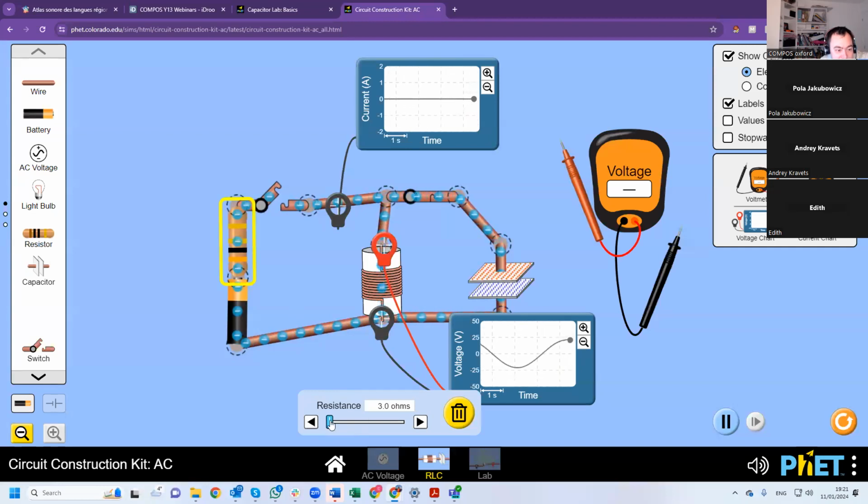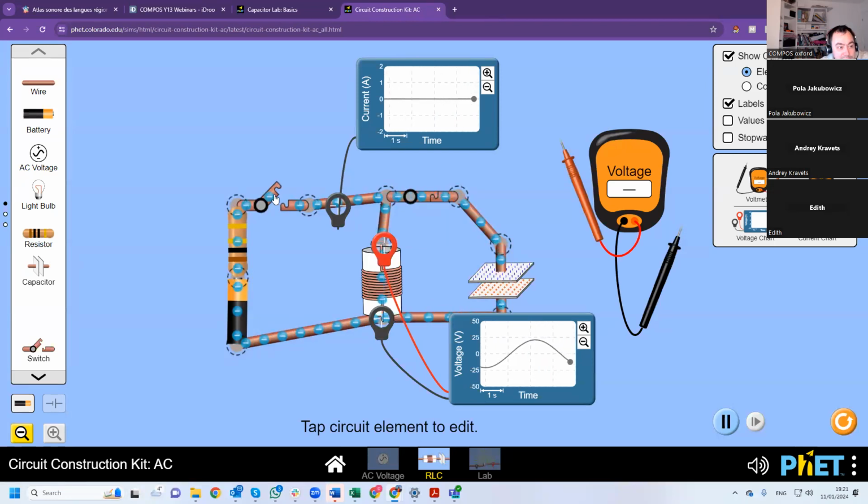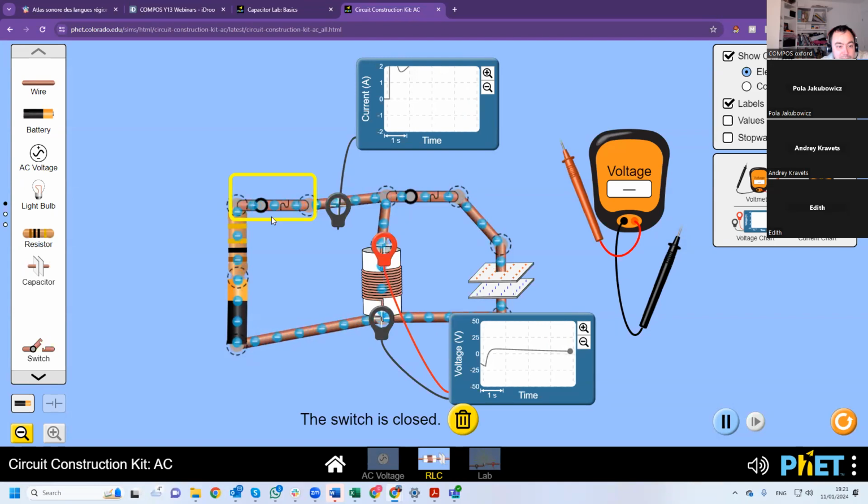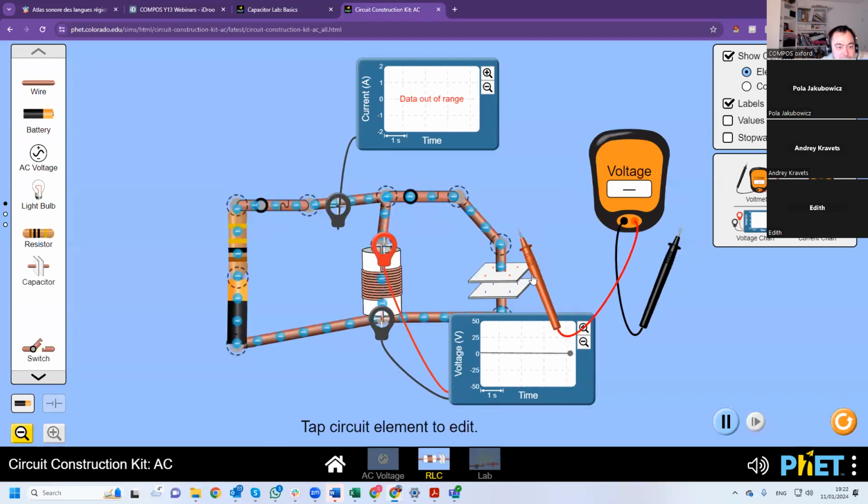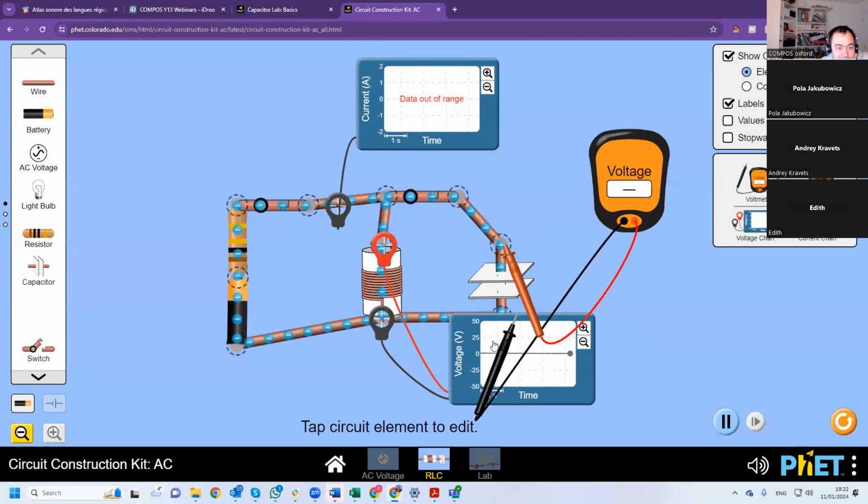Let's say if I use a lower resistance, my prediction, if I use a resistance of 1 ohm, I'll be able to get an even higher voltage. Notice the capacitor is very slowly discharging. So I need to give it time.